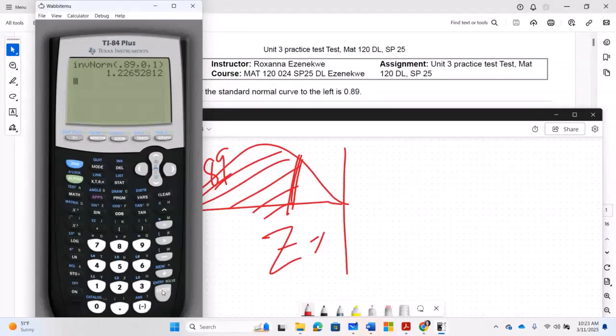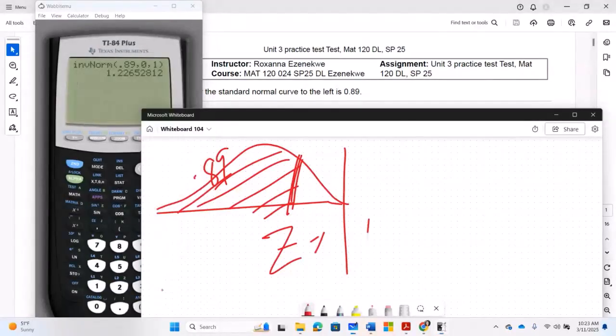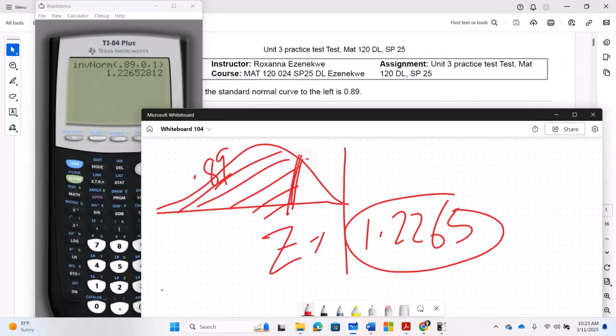Therefore, that z value to 4 decimal places is 1.2265. See, it is not negative. It is not supposed to be negative because the 89th percentile is on the right-hand side of the mean.